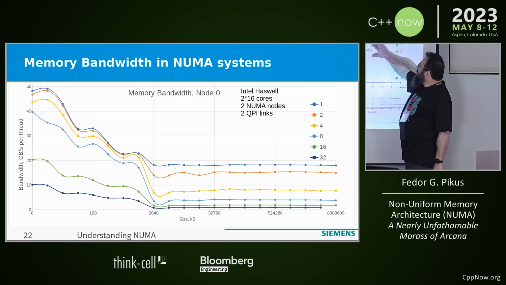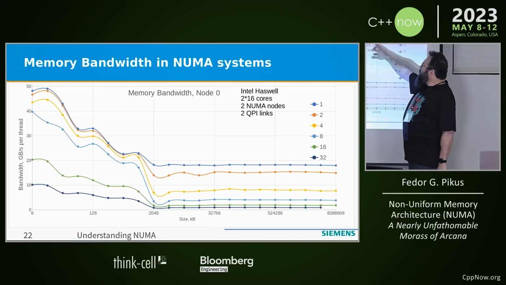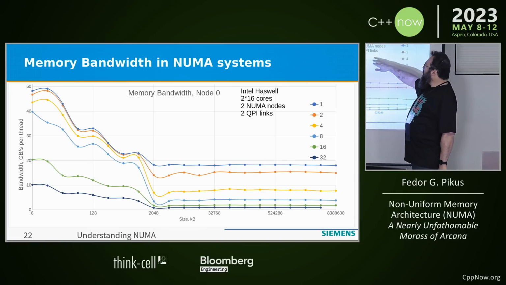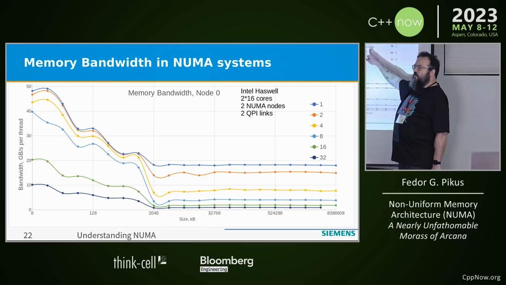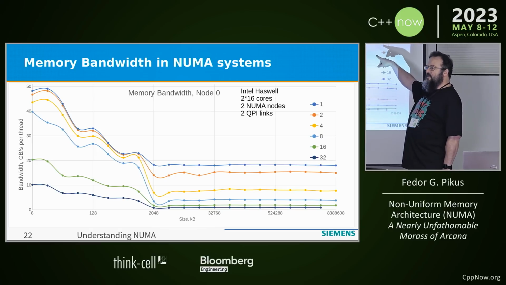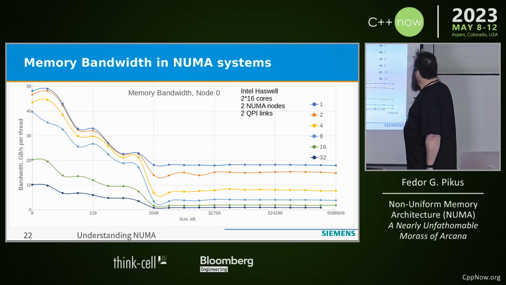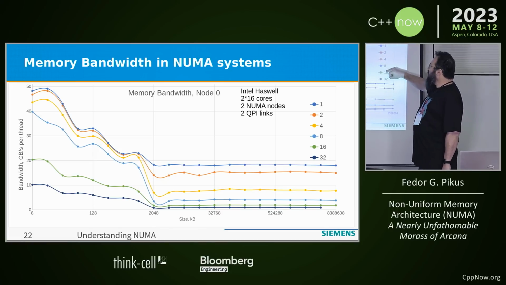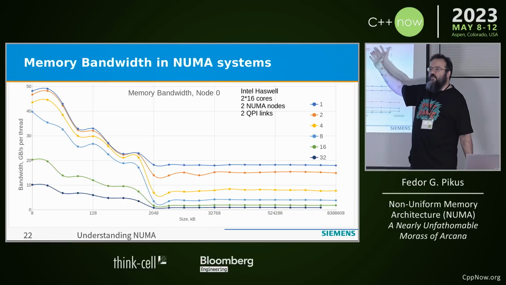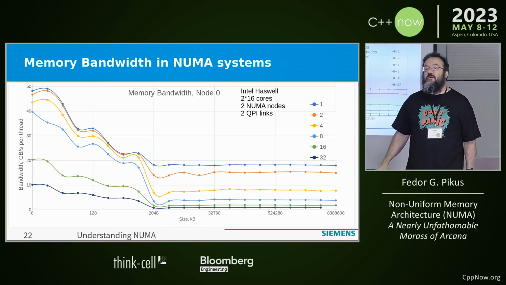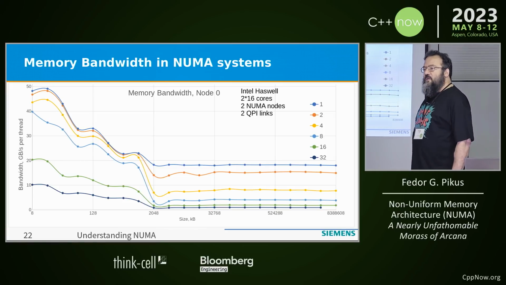This is the Intel Haswell system, two chips, 16 cores each, two NUMA nodes. Each processor has two QPI links. That's the older system. It has QPI, not UPI. This is the number of threads. So that system can run concurrently up to 32 threads before they start preempting each other. Yeah. What does it mean to have two links, even though you only have two nodes?